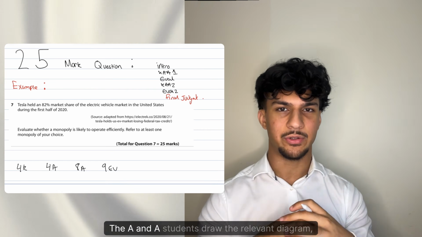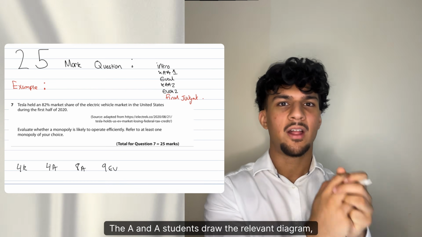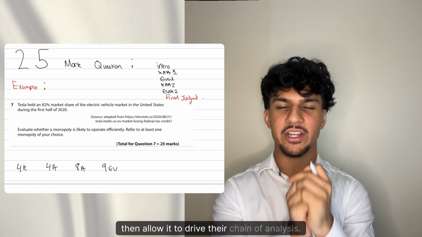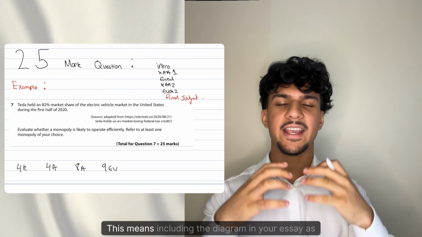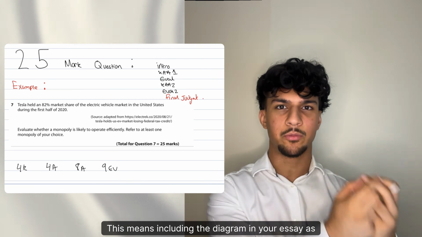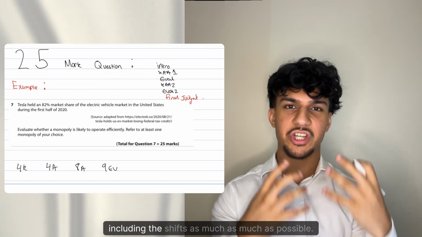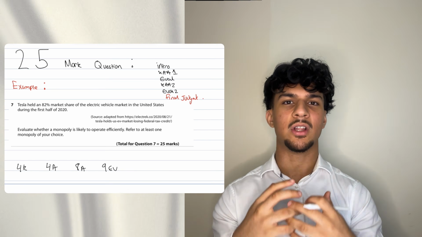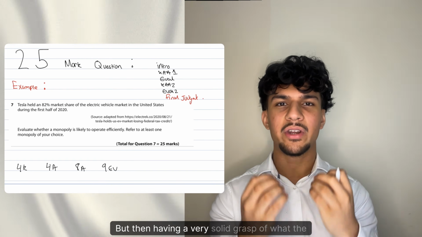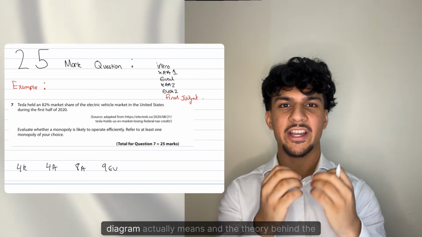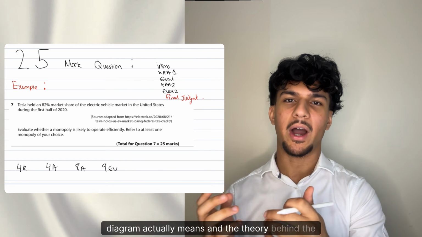The A and A star students draw the relevant diagram, then allow it to drive their chain of analysis. This means including the diagram in your essay as much as possible, for example P1, P2, Q1, Q2, including the shifts, but then having a very solid grasp of what the diagram actually means and the theory behind it.